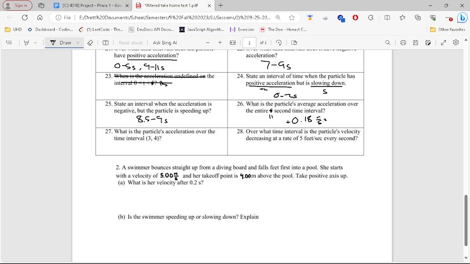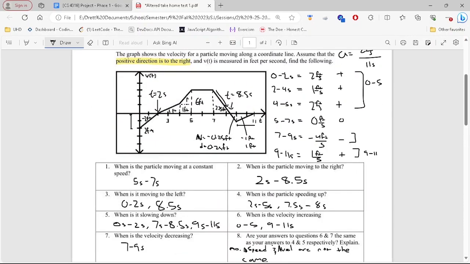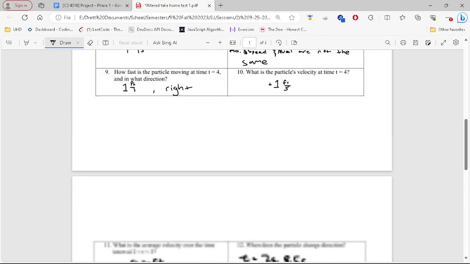What is the particle's acceleration over the time interval 3 to 4? So 3 to 4, let's see. Remember, write down the formula for acceleration, which is equal to change in velocity over time. What is this change in velocity and over how much time?